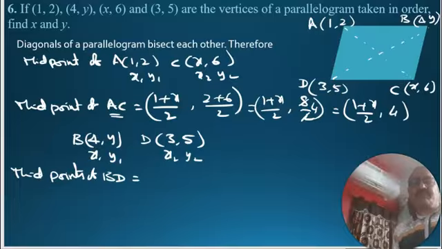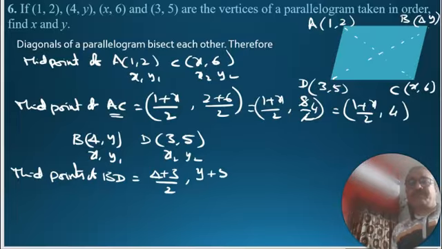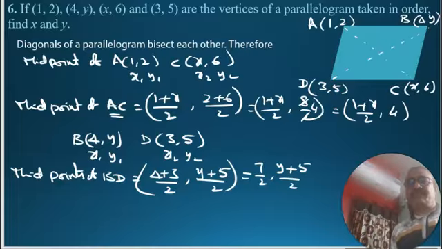Midpoint of BD is equal to ((x1 + x2)/2, (y1 + y2)/2) = ((4 + 3)/2, (y + 5)/2) = (7/2, (y + 5)/2).